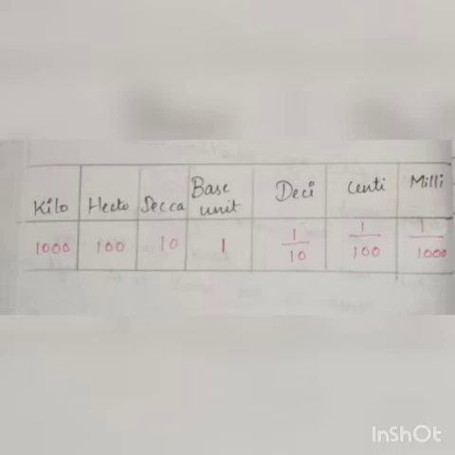Next, from base unit to hecto, you are shifting 2 times, so 2 zeros will come, so 100. Here from base unit to kilo you are shifting 3 times. So how many zeros? 3 zeros. So 1000. Understood? So always base unit will be 1.